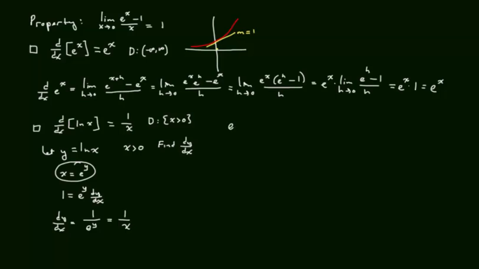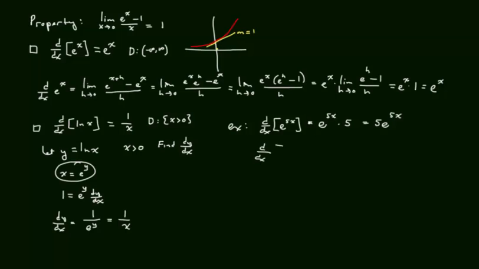While we're here, I want to do a quick example of both of these. What would be the derivative with respect to x of e to the 5x? It's going to be e to the 5x times the 5, where the 5 is the derivative of the stuff. So e to the stuff times the derivative of the stuff.